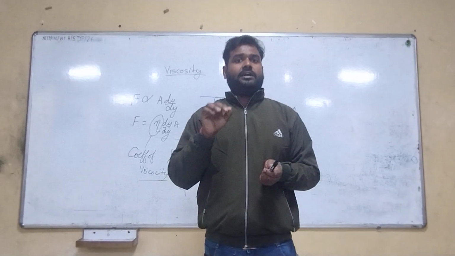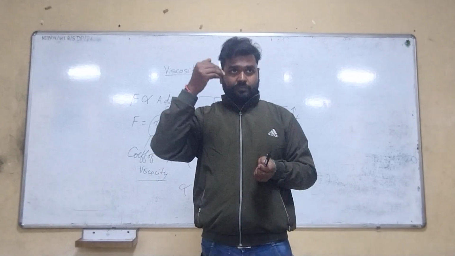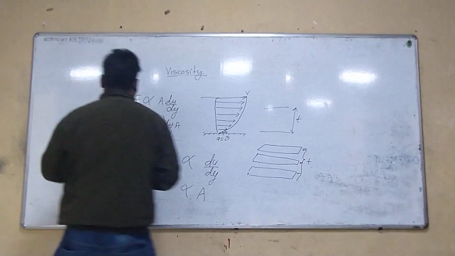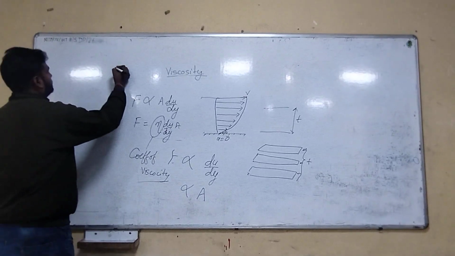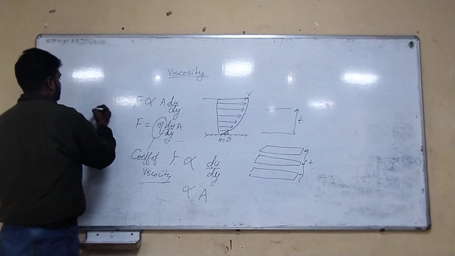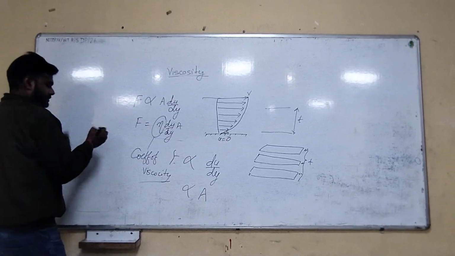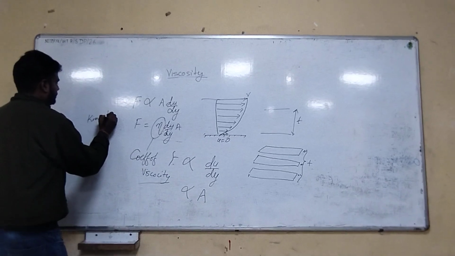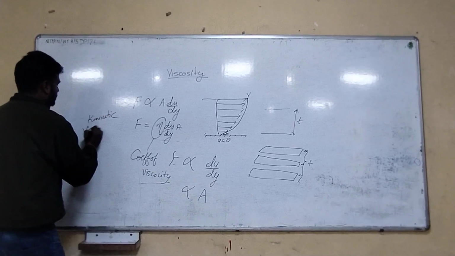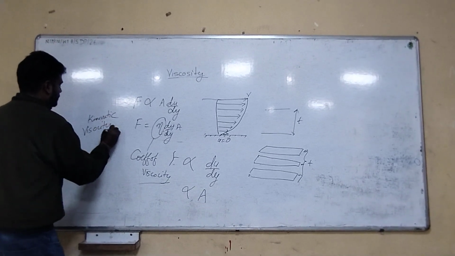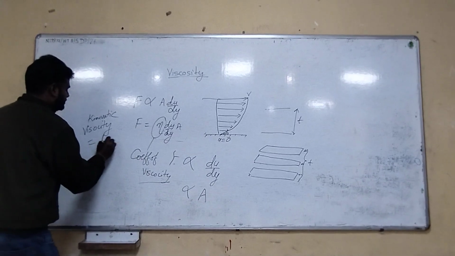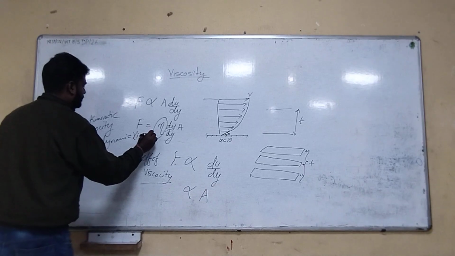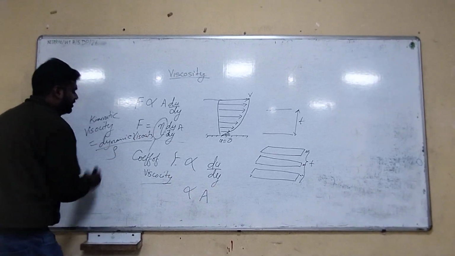Kinematic viscosity comes when the action of gravity is also included. Simply, kinematic viscosity is equal to dynamic viscosity upon the density of the fluid.